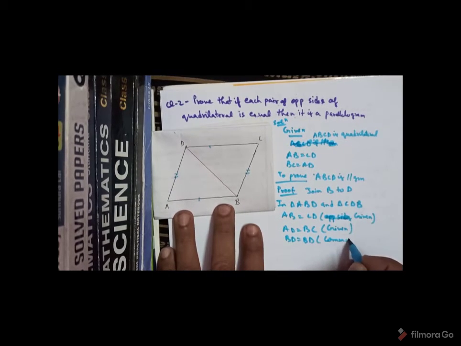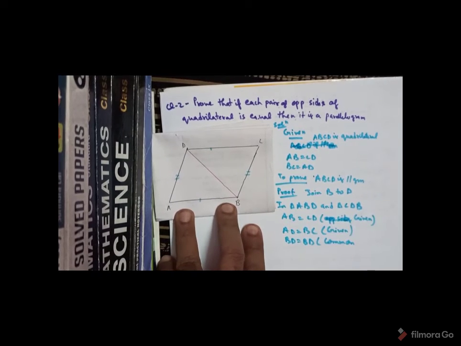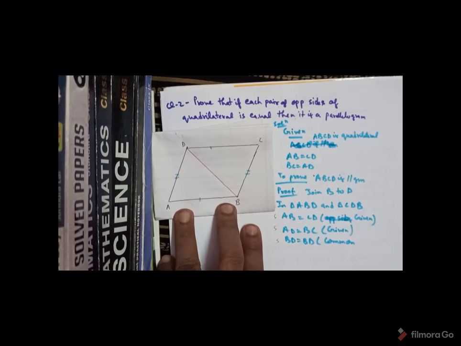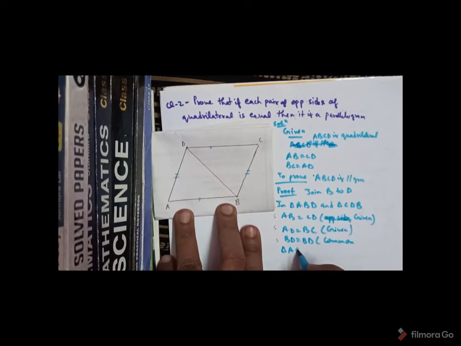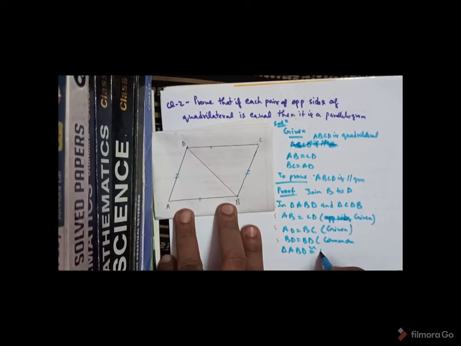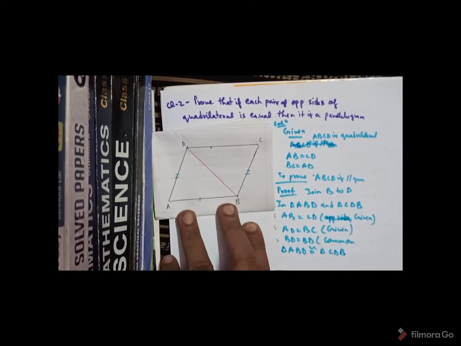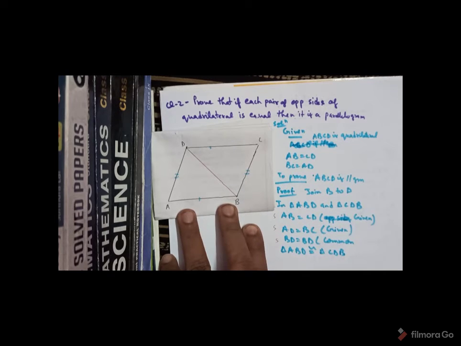So by side congruence, it is proved that triangle ABD is congruent with triangle CDB. And if they are congruent, then we can also say that we have to prove that it is a parallelogram.